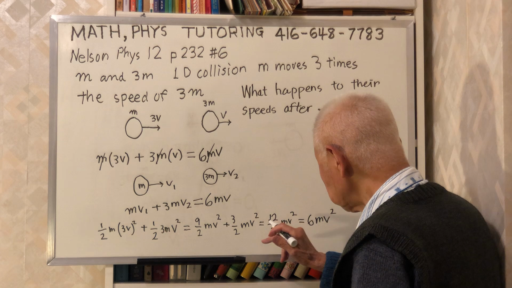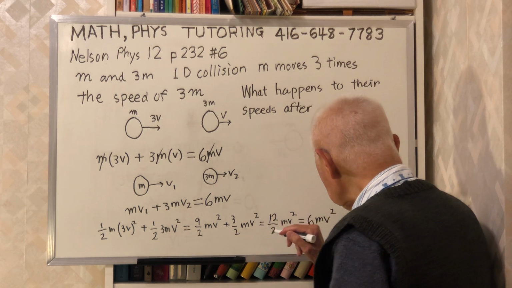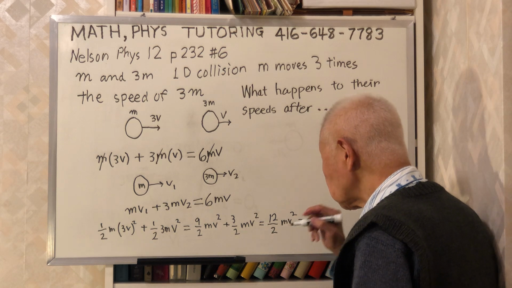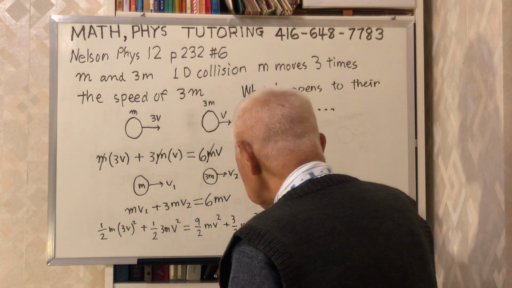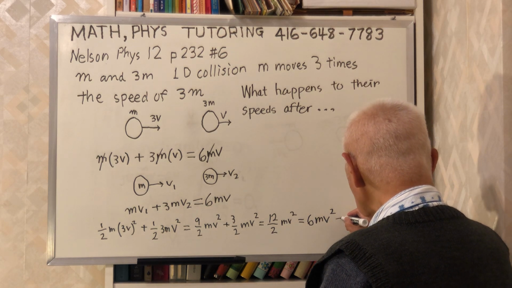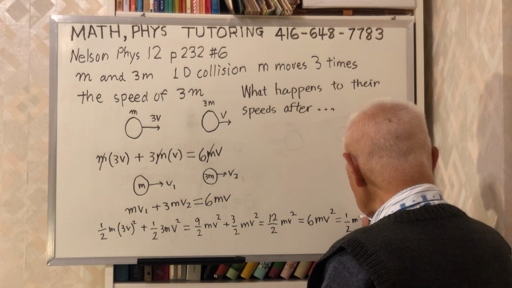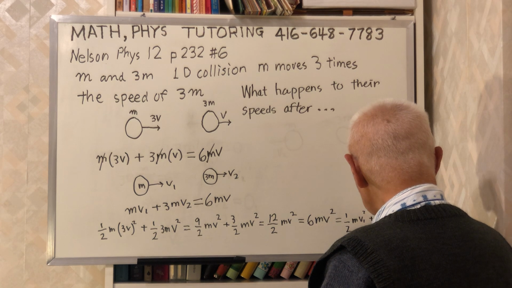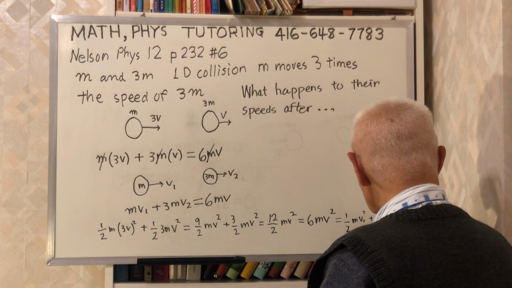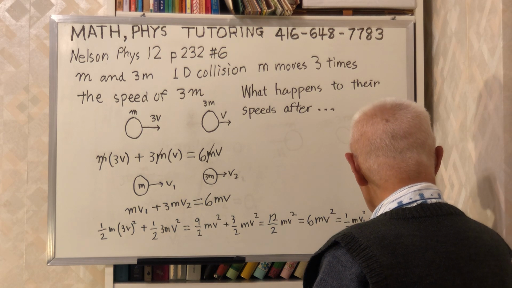Conservation of kinetic energy. This is kinetic energy before collision. After collision, it's this. So let me write this. After collision is 1/2 m v1 squared plus 1/2 3m v2 squared.